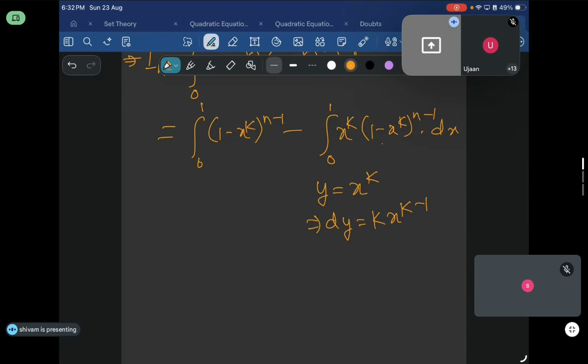One thing is, you can use its inverse, then k will be in the power and n will be 1 minus x to the power n. Is it possible to use Wallis over here? It is possible to use Wallis if you use the inverse. x to the power k is equal to sine square theta. Okay. Then what is dx? k into x to the power k minus 1 is equal to.